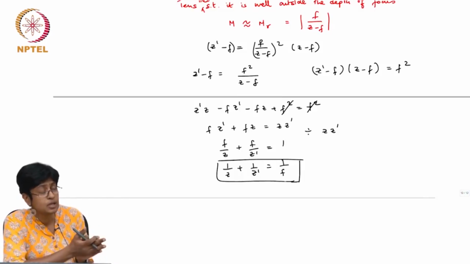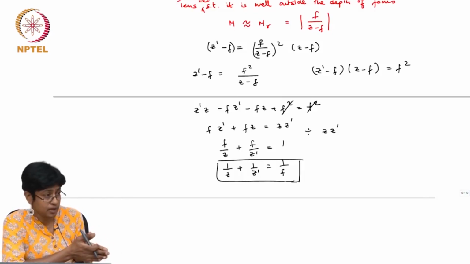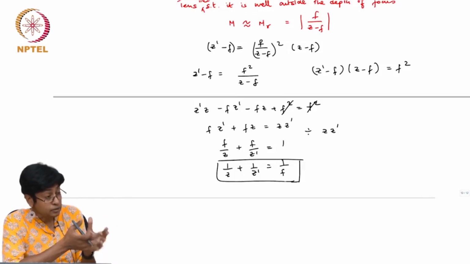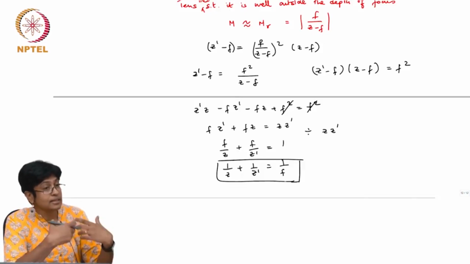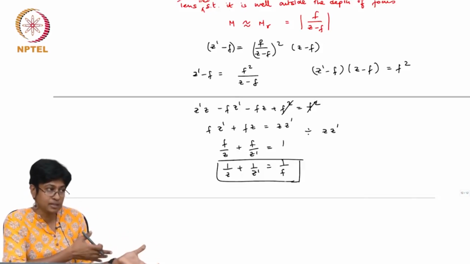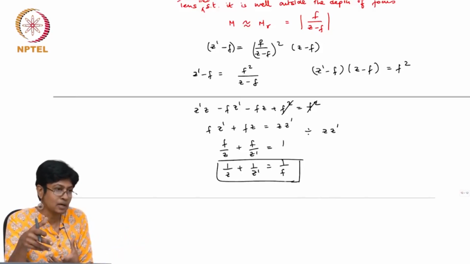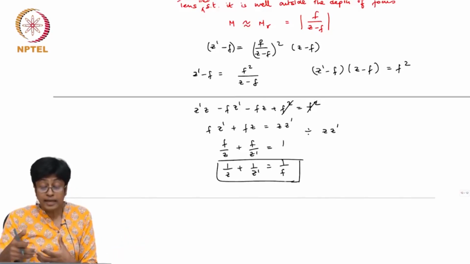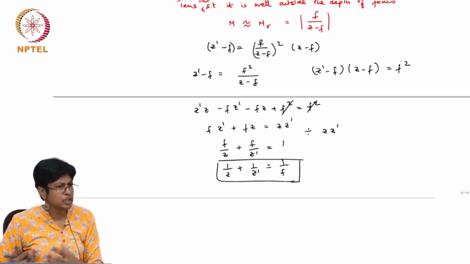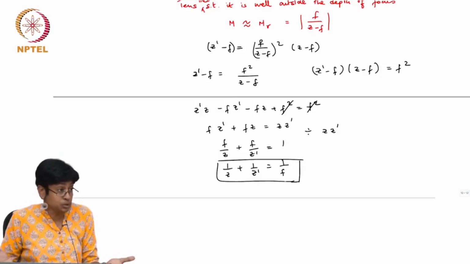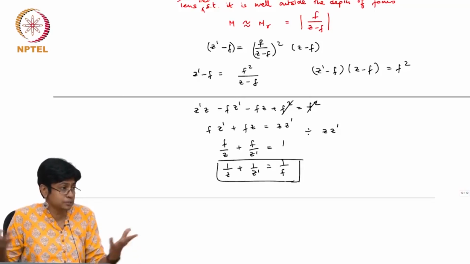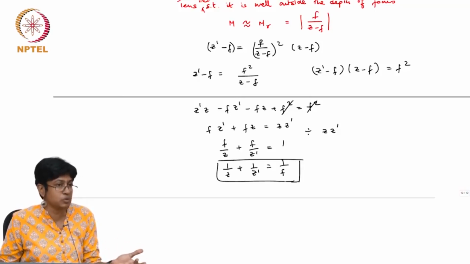Now what happens when I'm dealing with a wave? You're going to start to see that the equations that you arrived at in ray optics are not valid anymore when I'm dealing with a Gaussian beam. So you come back to this expression and your first reaction may be, well, we know this: 1 over object distance plus 1 over image distance is equal to 1 over f.